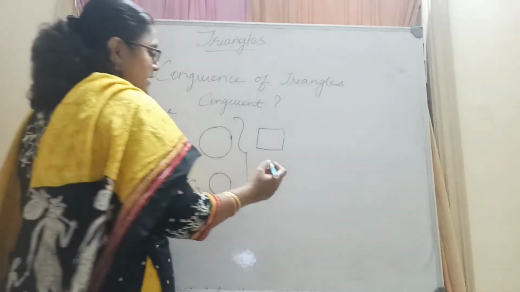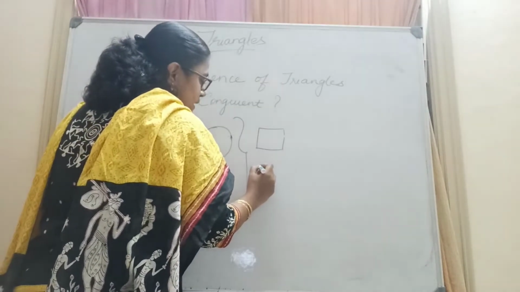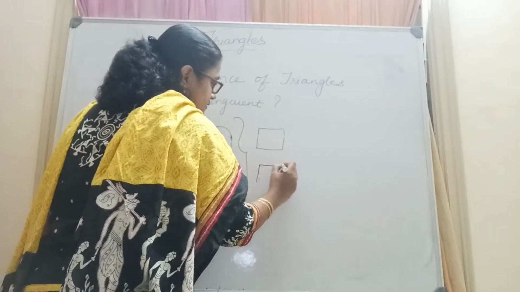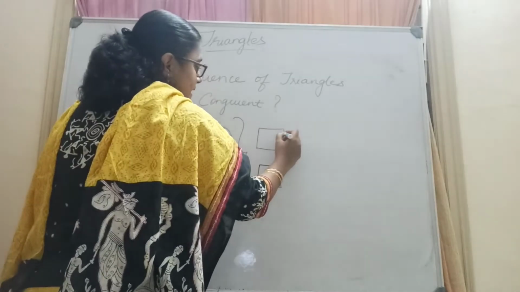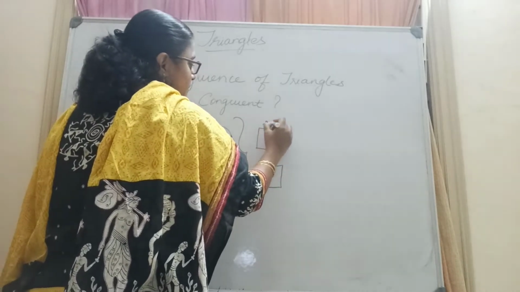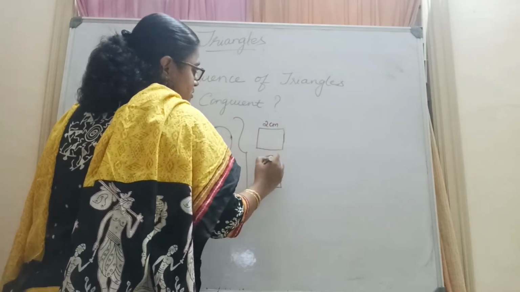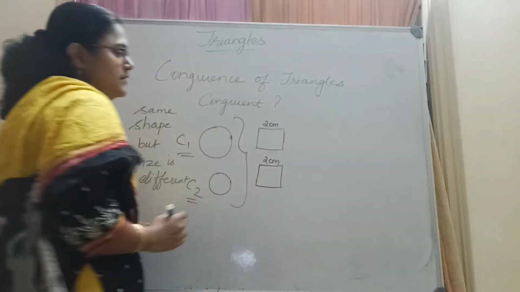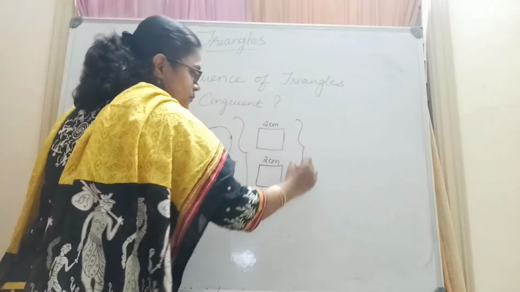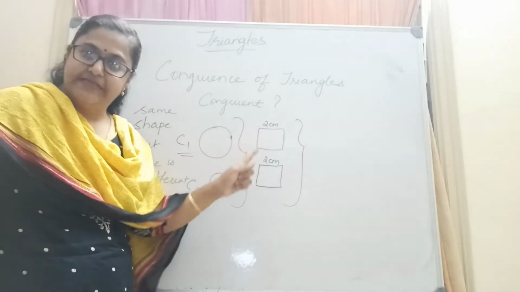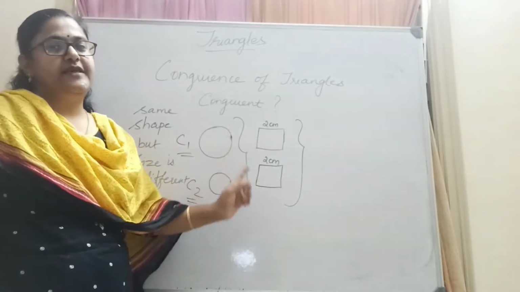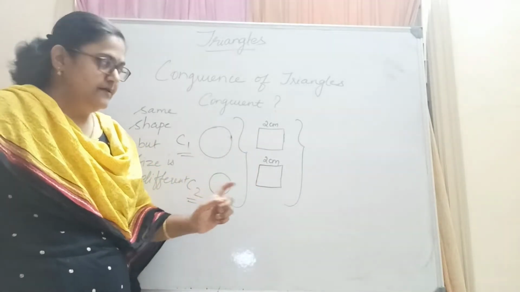Now, let us see what are congruent figures. If I have two squares of the same shape, and here the side is 2 centimeter and here also the side is 2 centimeter. Now compare these two. These two are of the same size and also the same shape, right?